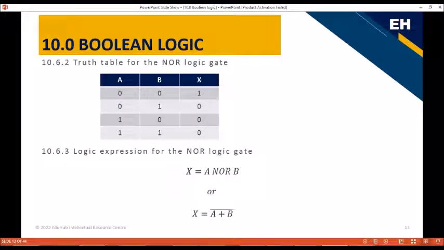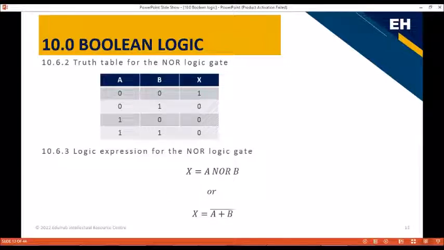The truth table for the NOR logic gate has 4 combinations, and of course the output can only be 1 when both inputs are 0, and this is for the NOR gate.